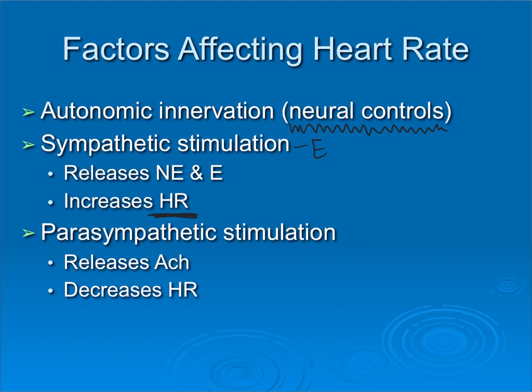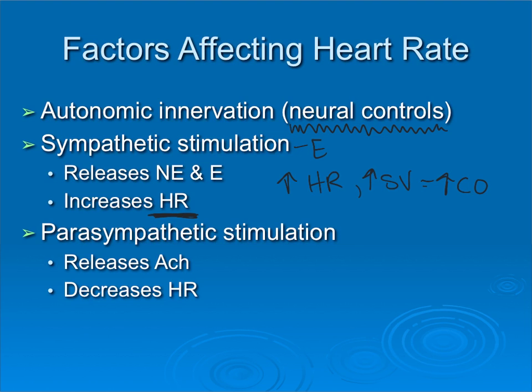So we would do that by increasing the neurotransmitters norepinephrine and epinephrine. That would cause an increase in heart rate and an increase in stroke volume. Both, of course, would increase cardiac output.